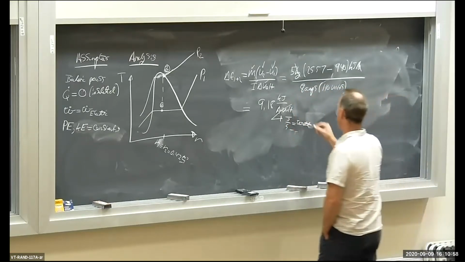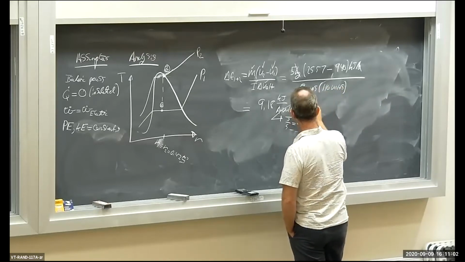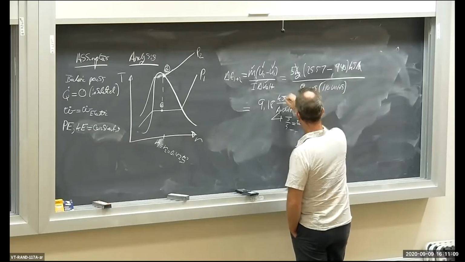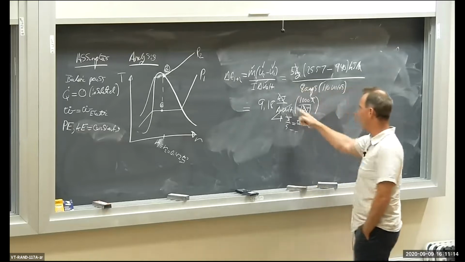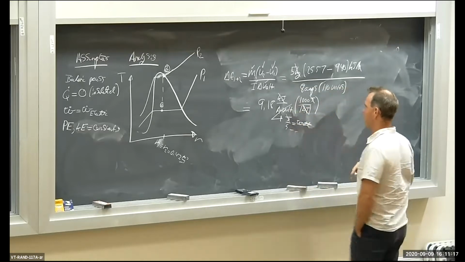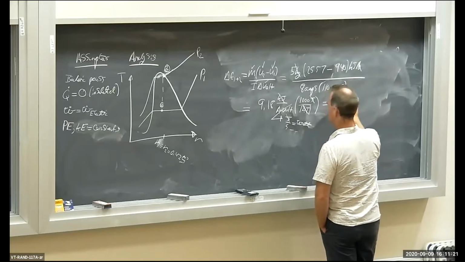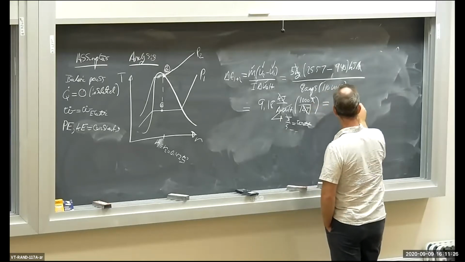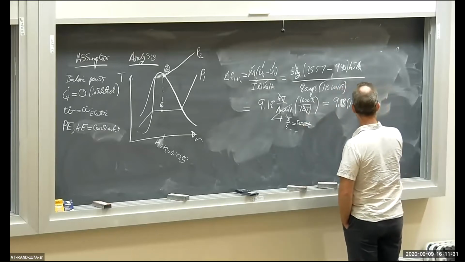There are 1,000 joules per kilojoule. The kilojoules cancel out, the joules cancel out, and I get 1 over seconds in the denominator, which gives seconds.